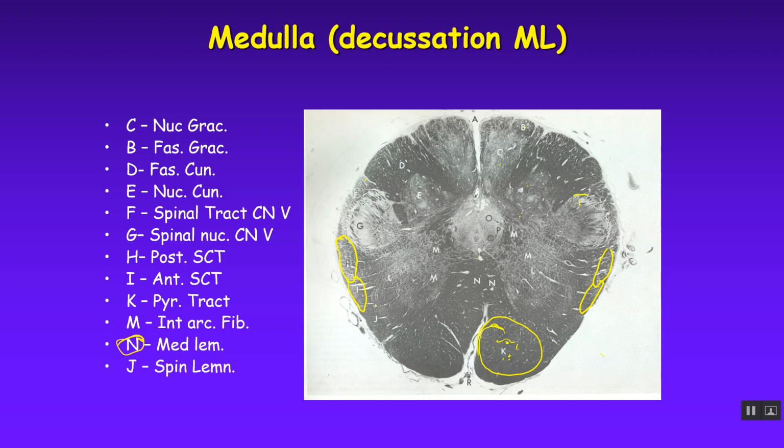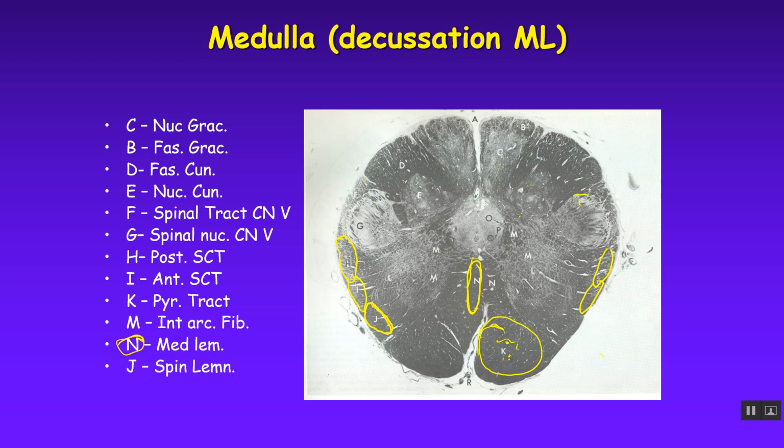And then J, here's the spinal lemniscus. That's the pain and temperature from the body. It's our spinothalamic tract, but once it hits the brainstem, it's the spinal lemniscus. It's still sitting anterior and lateral here. This is where the medial lemniscus is.